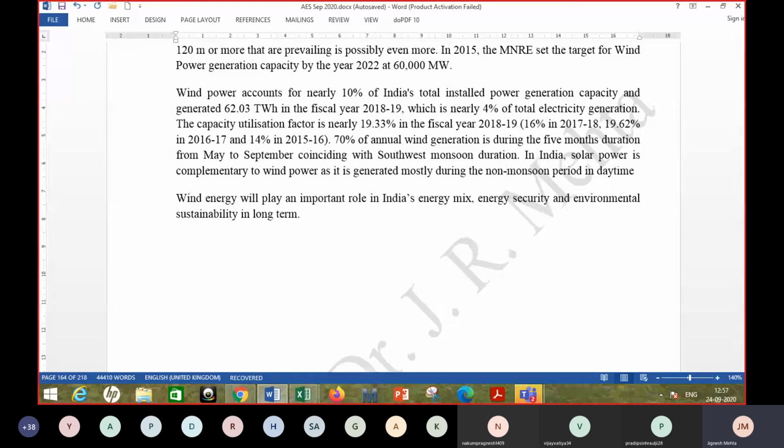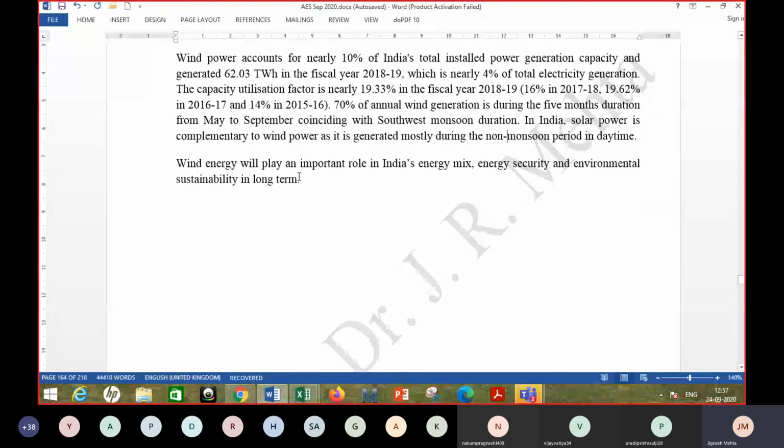May to September, or you can say June to September, is the period when it is cloudy and solar power plants are not going to give you high output. But wind velocities are high during those months, and wind energy can compensate for that.